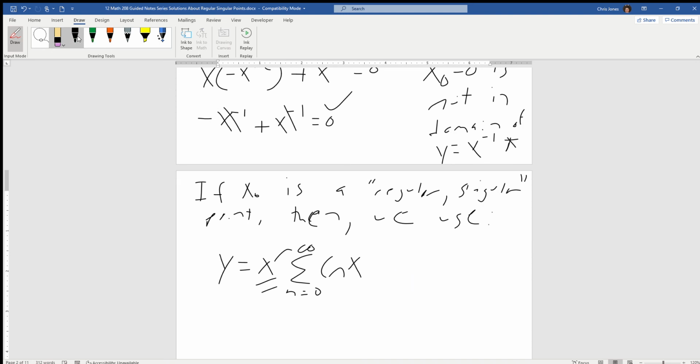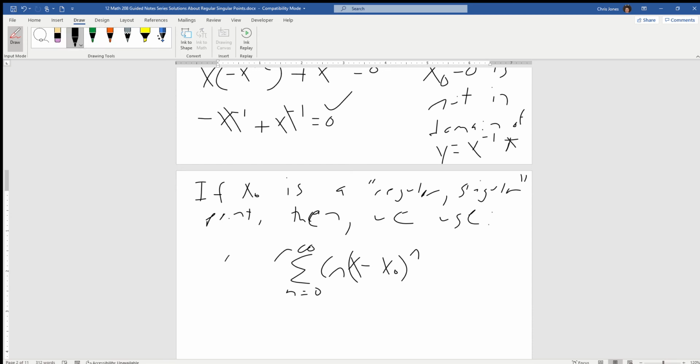So a more general solution for this would be x minus x naught to the n. Or another way that we can write this, x minus x naught to the r power, and we can multiply that inside.